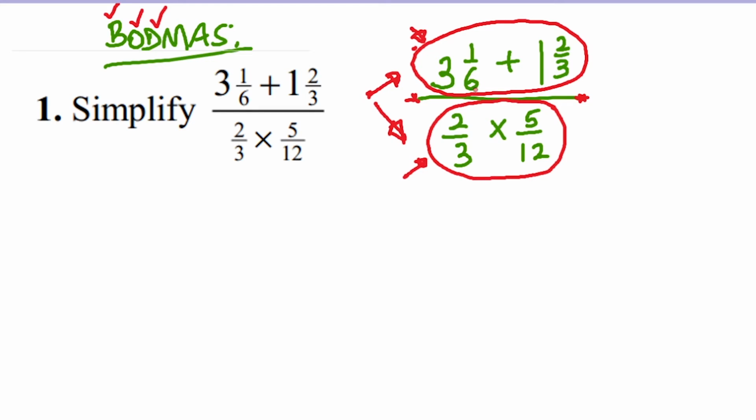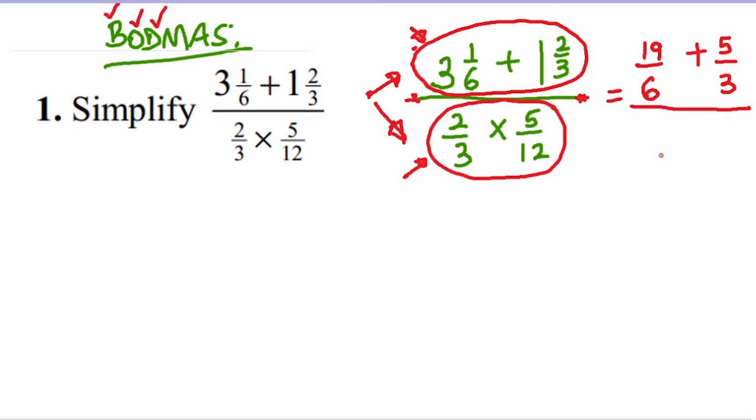So 3 whole numbers and 1 over 6, we convert that into an improper fraction, which is going to become 19 over 6 plus 5 over 3. Divide that by what is down here. It is multiplication. 2 times 5 is 10. Divide that by 3 times 12, which is 36.